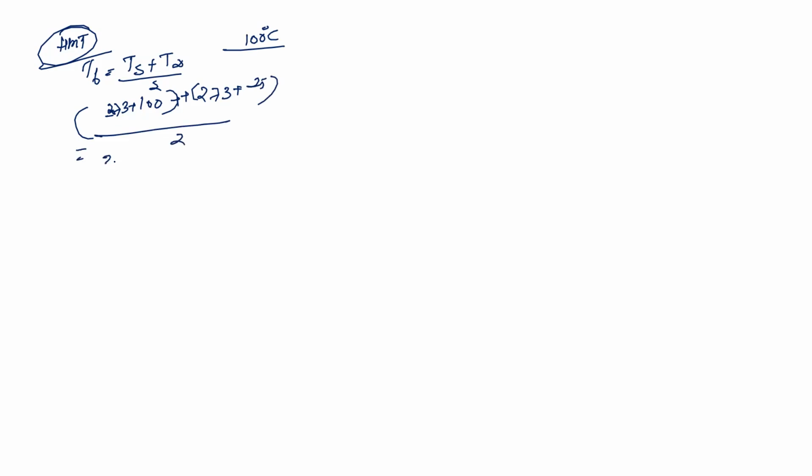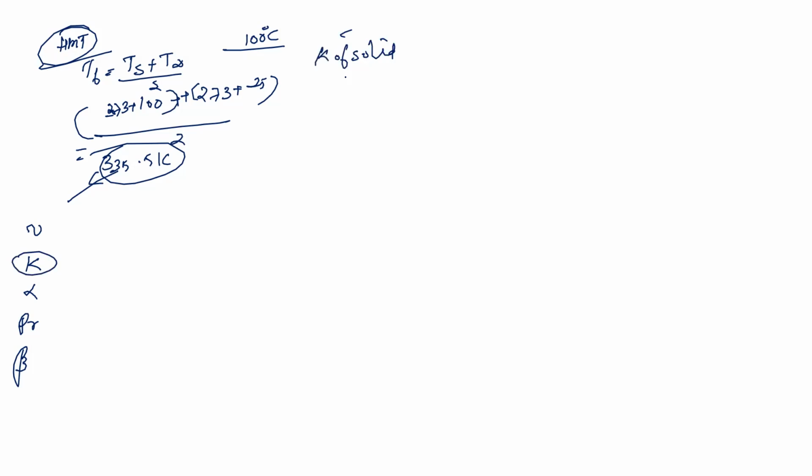So that is 335.5 Kelvin. At this temperature from the HMT data book, we need to determine nu, K, alpha, Pr, and beta, which is the thermal expansion coefficient. In the question, we have to find out K of the solid. This is K of air, which is a fluid in natural convection.